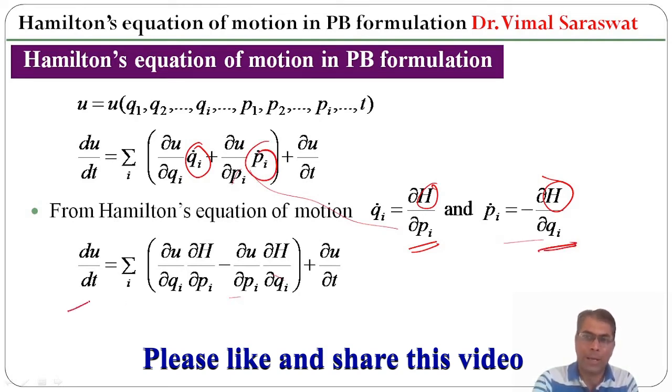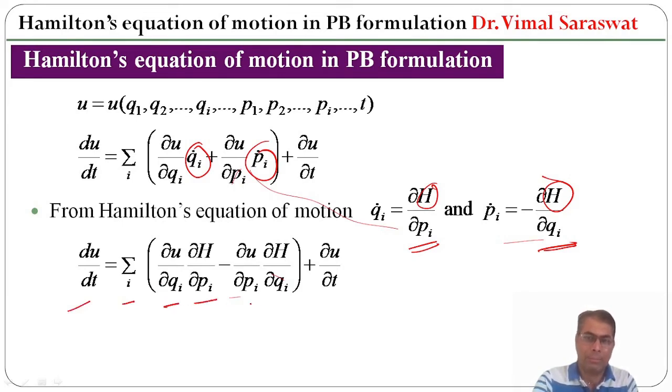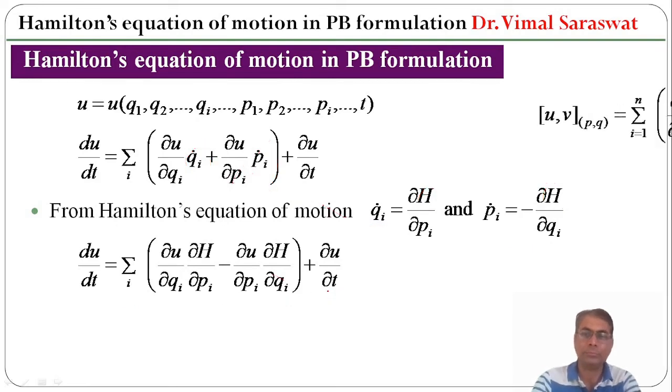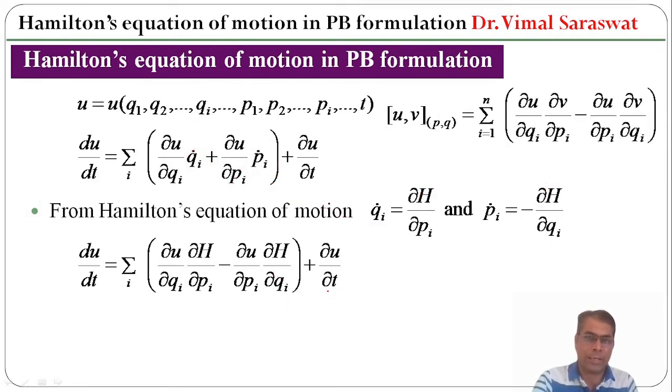So du by dt is equal to sigma i del u by del qi into del h upon del pi minus del u by del pi into del h upon del qi plus del u by del t. Now, from the definition of Poisson bracket, the Poisson bracket of u, v with respect to p, q is given by this one, and here in place of u we have u and in place of v we have h.